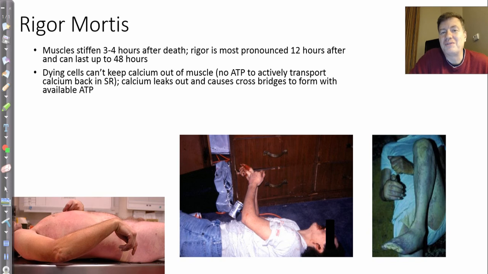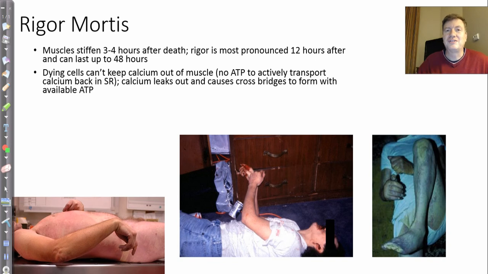The cells in the muscle fiber are beginning to die because the person has died, so calcium is going to leak out of the sarcoplasmic reticulum. There's not going to be any ATP to pump it back into the sarcoplasmic reticulum. And once myosin binds to actin, there's no ATP left to cause it to detach.